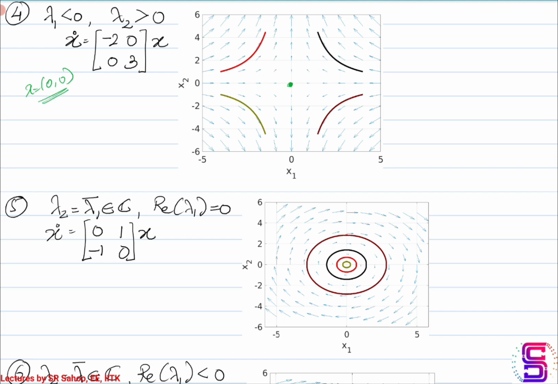Now if you observe, for any initial condition which starts on the x1 axis, it will always stay on the x1 axis and the trajectory will move towards the origin.